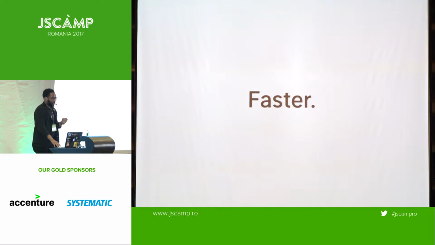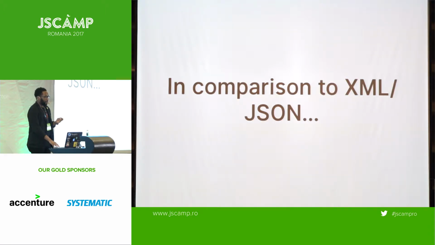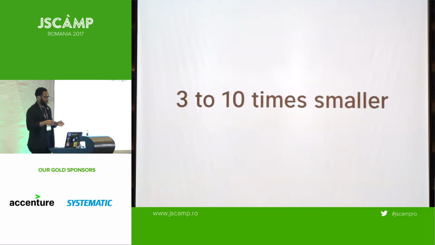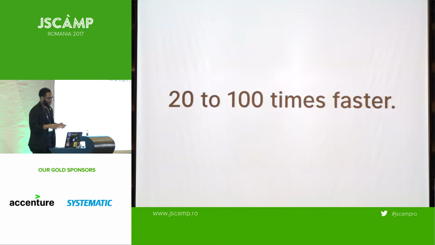And also, since it's a binary encoding or a binary format, it's faster. And when I say faster, it's faster in comparison to XML and JSON by a factor of being 3 to 10 times smaller, and then becoming 20 to 100 times faster. Just because JSON and XML are textual formats, whereas protocol buffers are just a binary format, so it's way smaller.